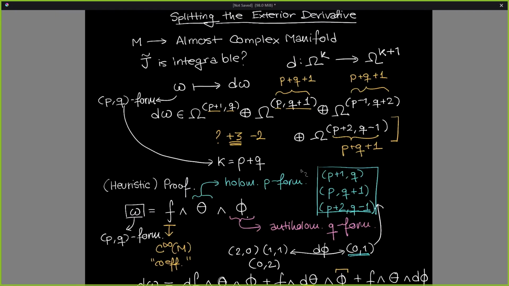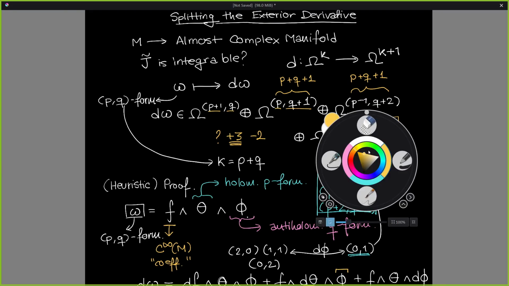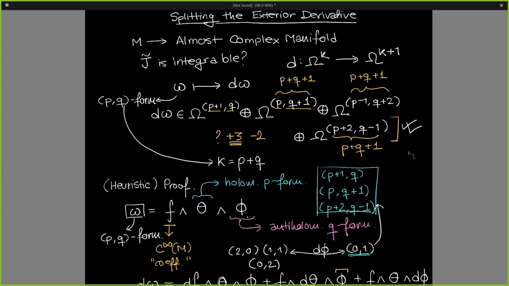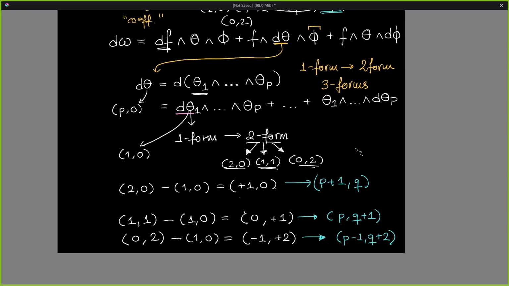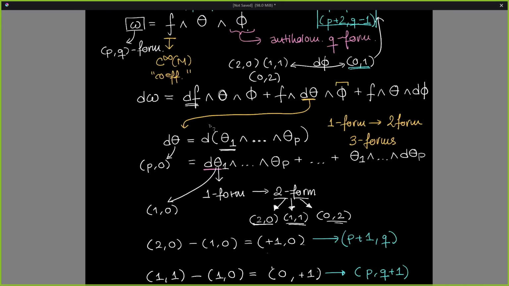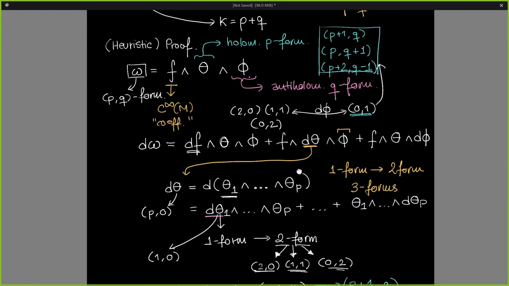On an almost complex manifold, d omega will have these terms. The reason this is a heuristic proof is that we didn't go term by term and make sure that every single term is like this.